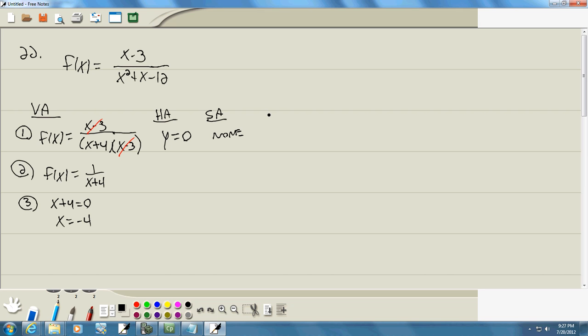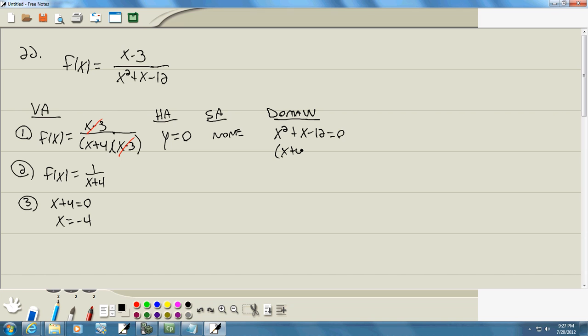Now I'm going to find something additional here, something called a domain. The reason I'm finding it in this particular problem versus the previous one I did, 21, where I didn't find it, is because these canceled away. Now your domain, what you do is you set your denominator equal to 0 and solve it. So I set x squared plus x minus 12 equal to 0.